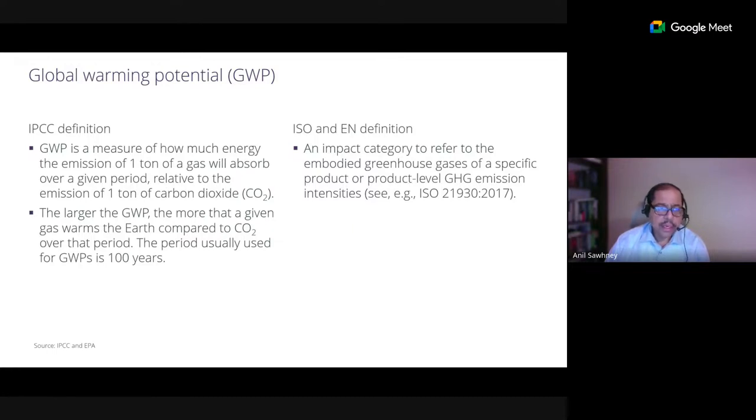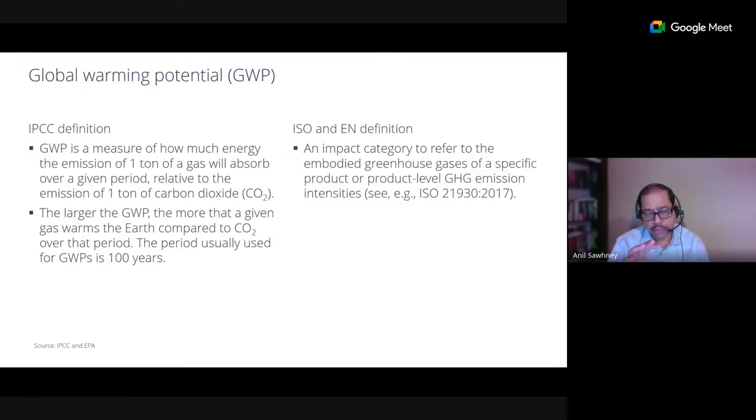Again, we have adopted it slightly in the ISO and EN definitions where we use it to calculate or do LCAs. An important category refers to the embodied greenhouse gases of a specific product, or product level GHG emission intensities. So we further modify GWP.